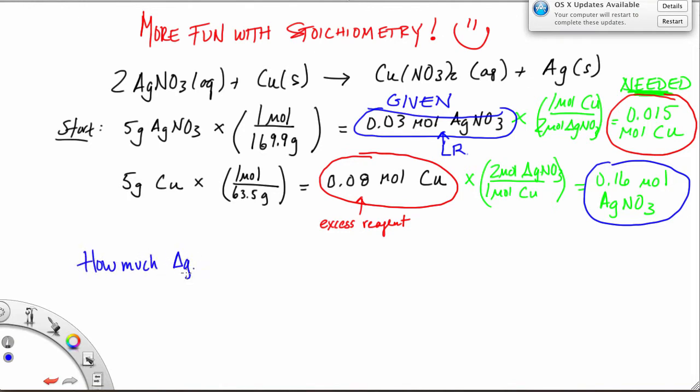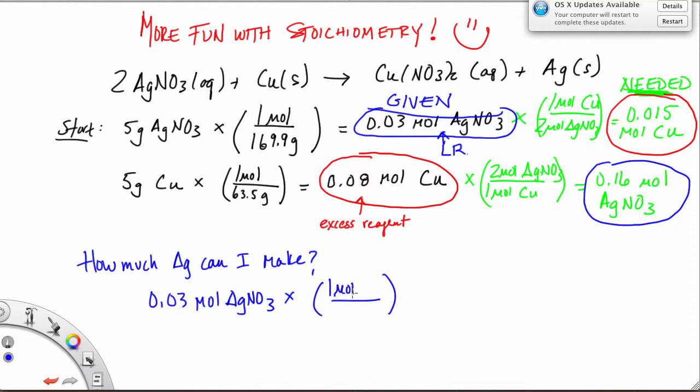How much silver can I make? Well, I'm going to start out with the given quantity of my limiting reagent, 0.03 moles of silver nitrate. I'm going to multiply by the mole ratio of silver to silver nitrate.